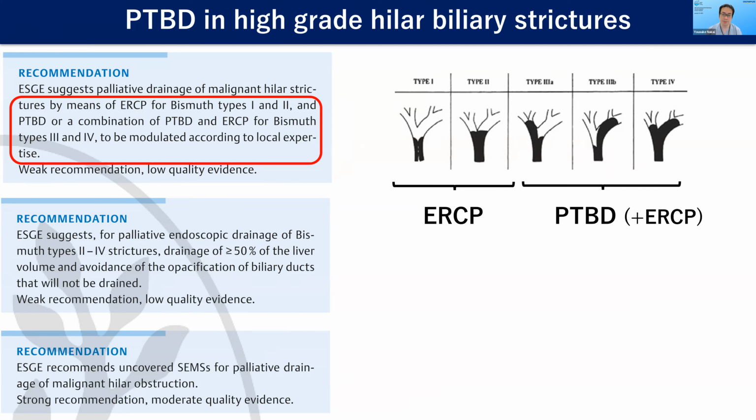However, PTBD has a high complication rate, and also the quality of life decreases because of the external biliary drainage. So recently we choose ERCP more and more, and now EUS-guided biliary drainage can be an alternative to PTBD.